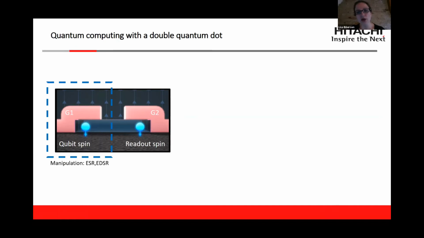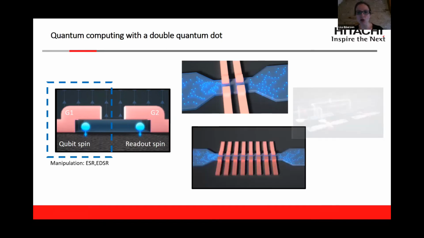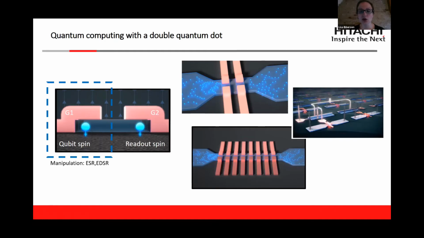And we use an electron confined in the other half of the quantum dot to read out the state of the first electron. I think it's easy to see from these cartoons how this geometry could be scaled up from a single double quantum dot to an array or even a grid of double quantum dots in future applications.